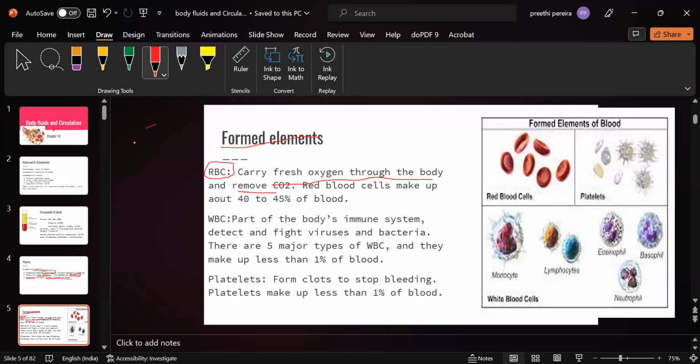Because inside the RBC there is a structure known as hemoglobin.